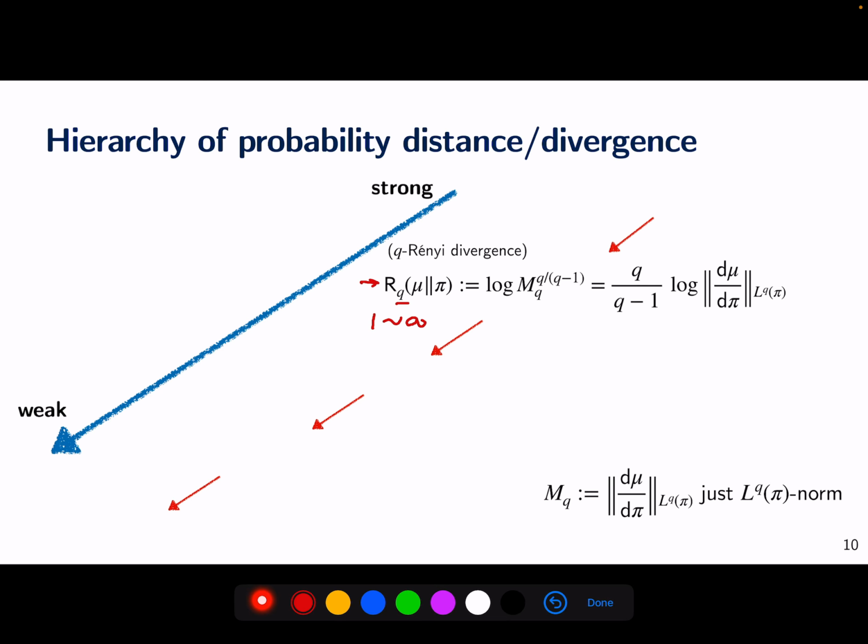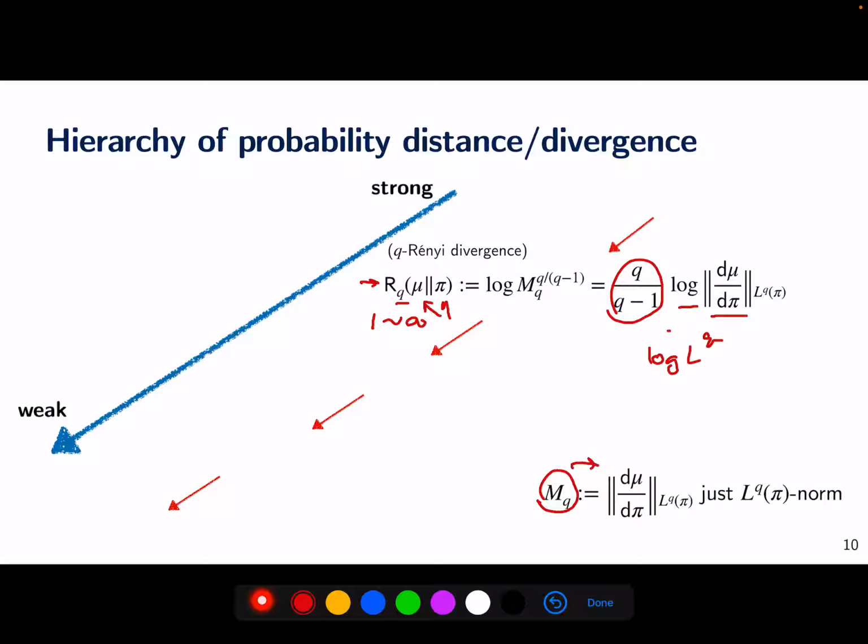So roughly speaking, Rényi-q divergence for two probability measures is simply some coefficient times the log of the Lq norm. Just roughly speaking, it is the log of the Lq norm of the relative density of mu over phi. Throughout this talk, I'm just going to use the notation Mq to denote this relative density and then its Lq norm.